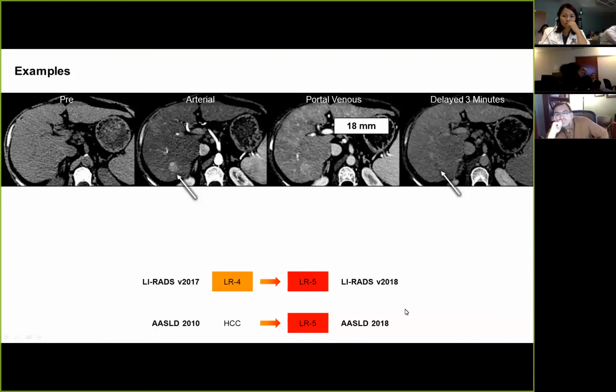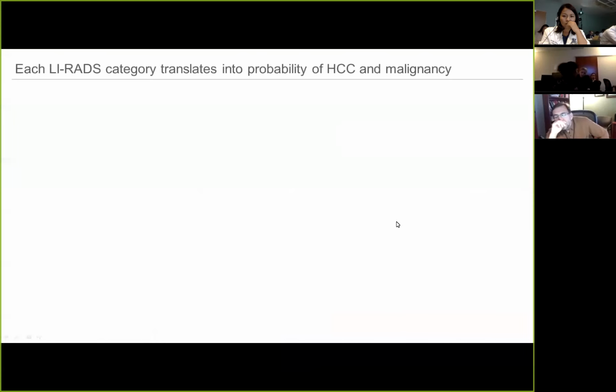And again, AASLD no longer has separate criteria. They just refer to LI-RADS.